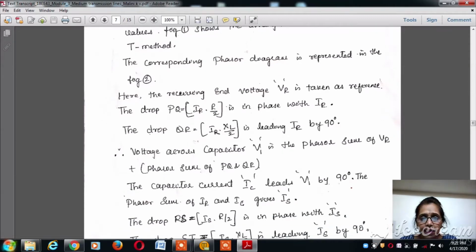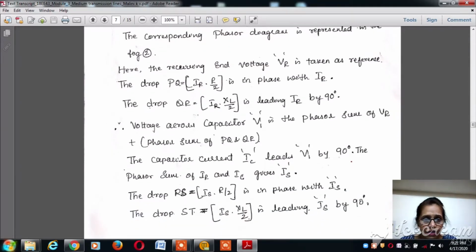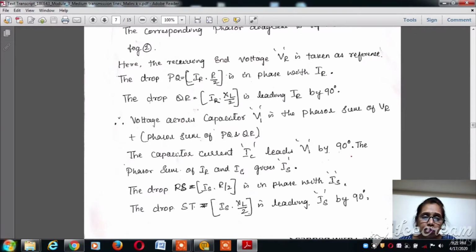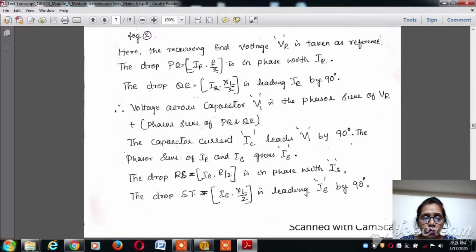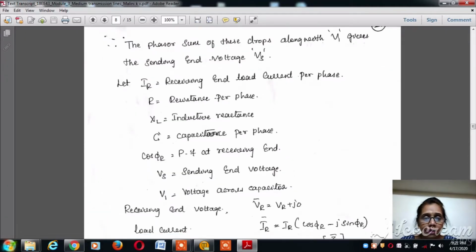Here the receiving end voltage VR is taken as the reference. As I already said, the drop PQ represents IR into R by 2, and the drop QR represents IR into XL by 2, which is leading IR by 90 degrees. Therefore, the voltage across the capacitor V1 is the phasor sum of VR and PQ and QR. The capacitor current IC leads V1 by 90 degrees.